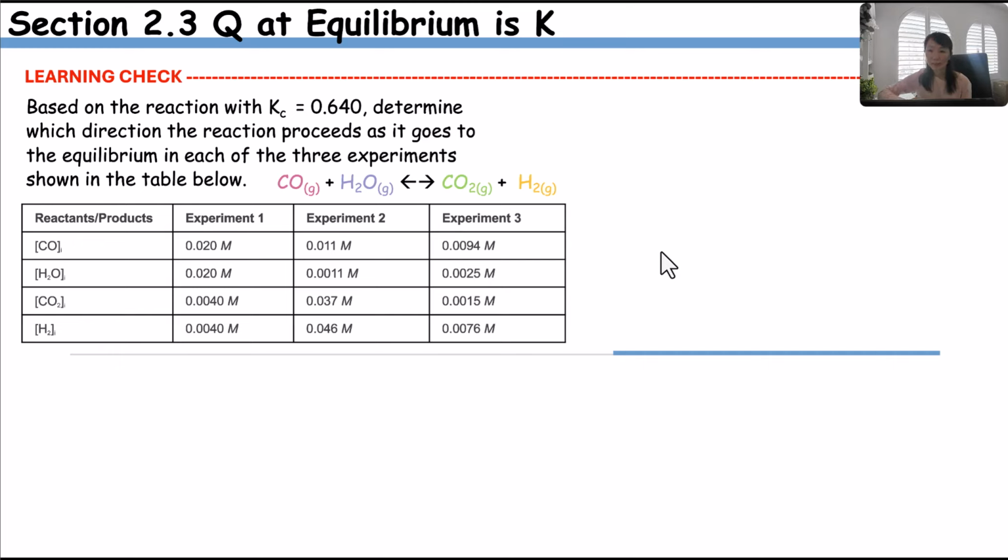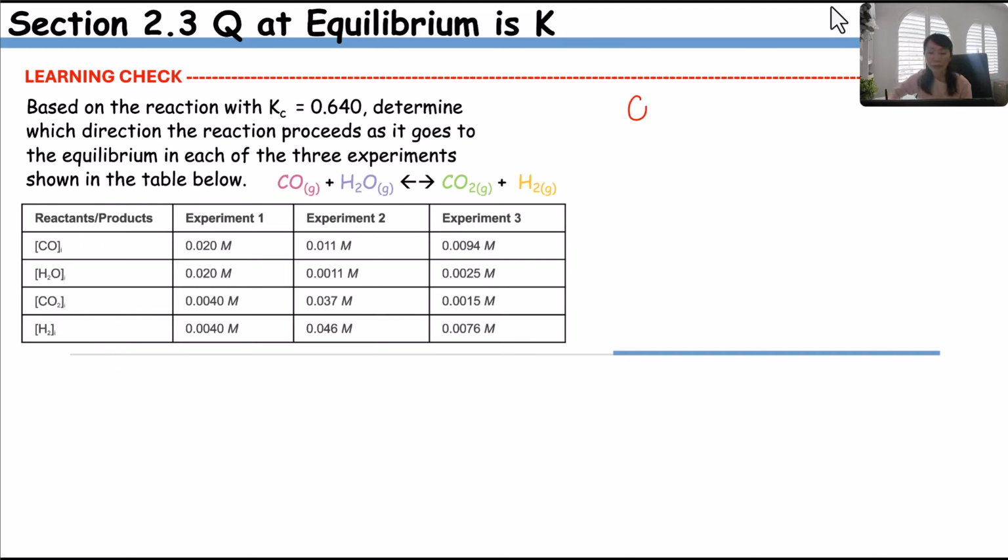Let's do a learning check based on what we have learned so far. It says, based on the reaction with equilibrium constant 0.640, which refers to what we learned in the previous slide, determine which direction the reaction proceeds as it goes to equilibrium in the 3 experiments shown below. We're going to take one step at a time.